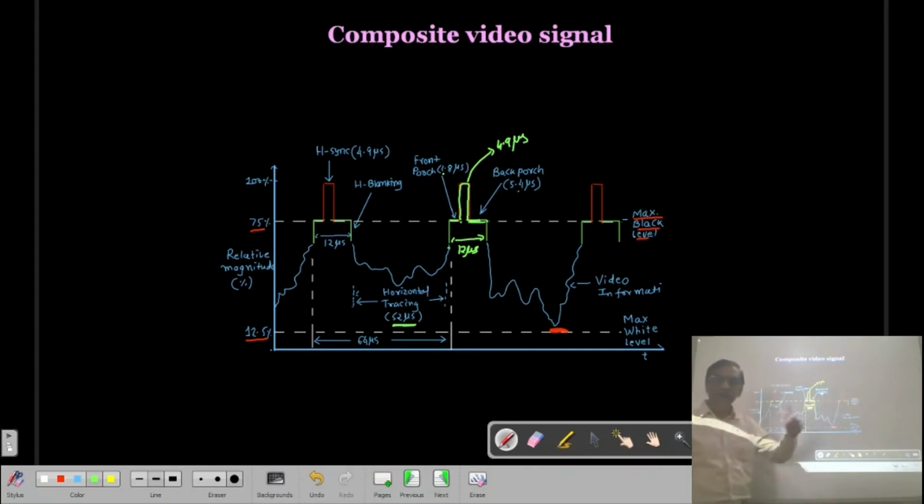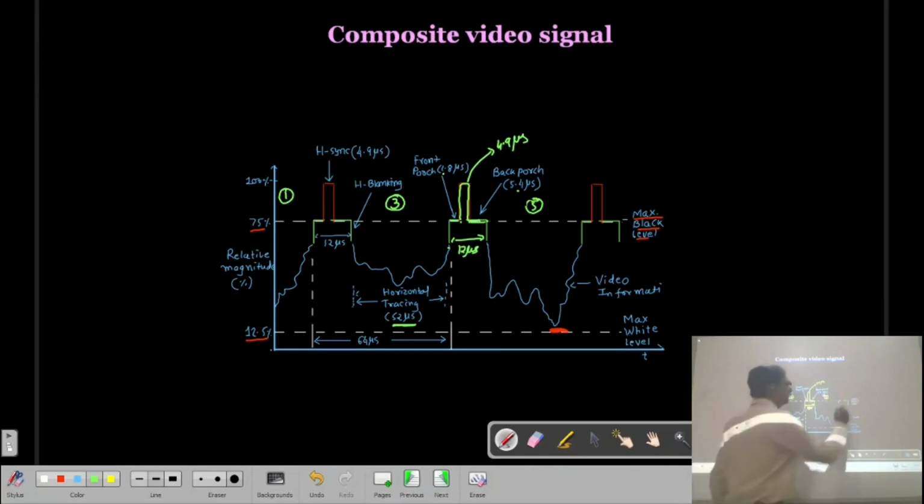Because in interlaced scanning, first of all, it will scan the odd numbered lines. You can say this is the information for line number 1, line number 3, then line number 5. So in this way, when all this video signal is generated, then at the end of line number 625, the odd field is going to be completed.